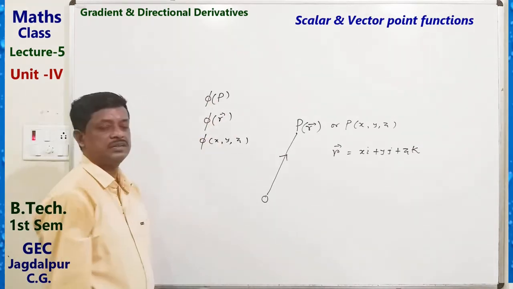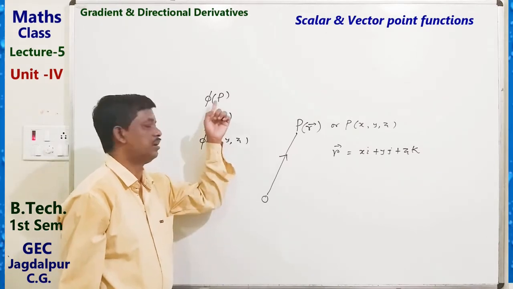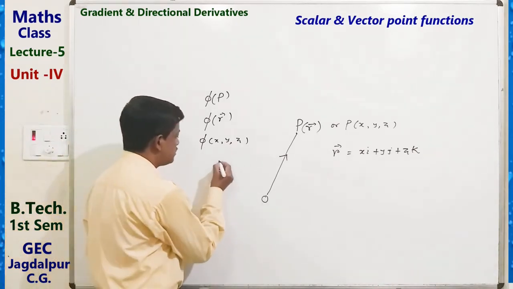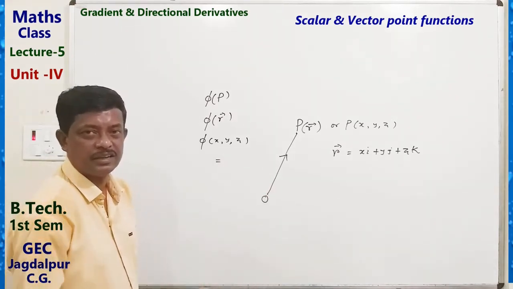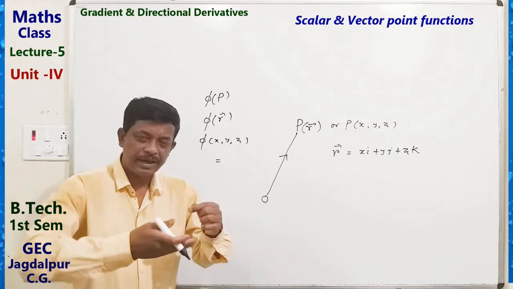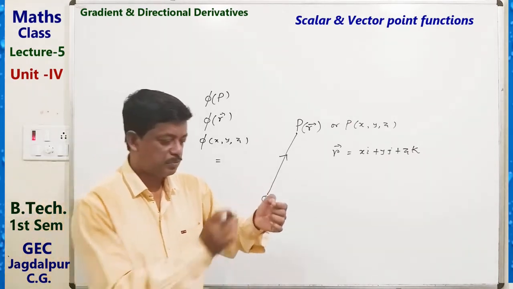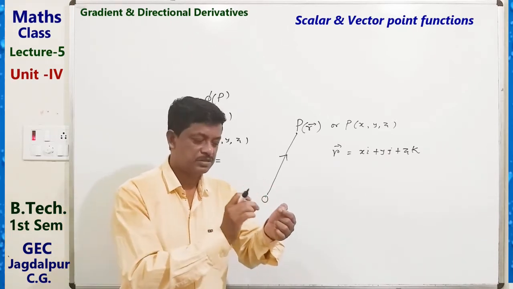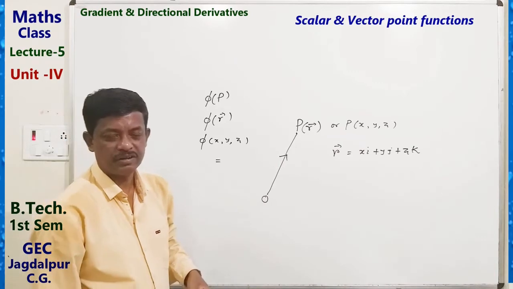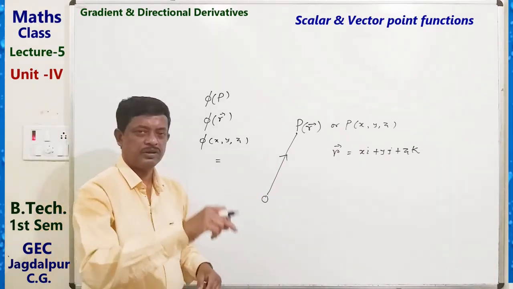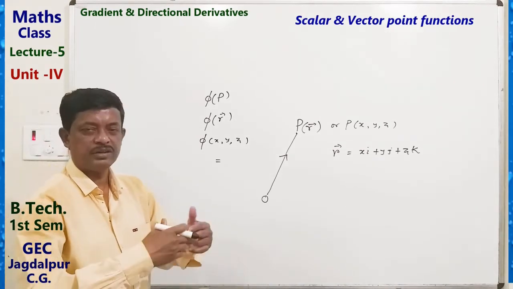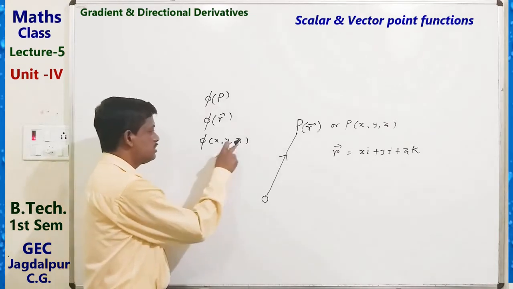So this is a scalar point function, which depends on the point in a region of space. Its position can depend on a parameter, just like temperature: at a particular temperature the point is here, and in another place the temperature may be different, so x, y, z will have different values, distributed over places.